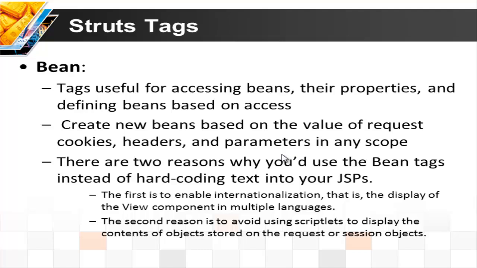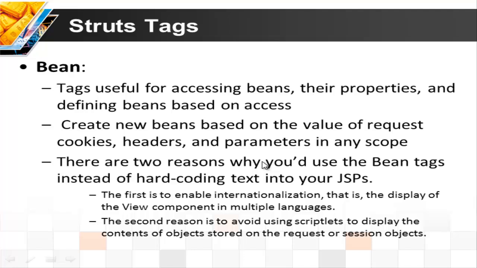Usually these beans are used for accessing the properties within the bean. Apart from that, you can also get some special objects like cookies. You can get the headers and the parameters that are passed to the bean. I will show you an example slightly later. I'm just going through the overall picture of these tags.